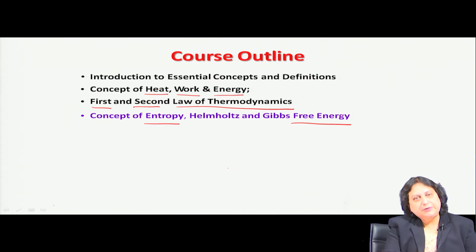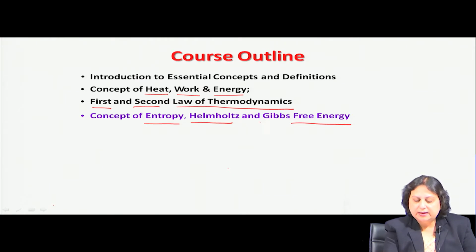There are two types of free energies that we come across in thermodynamics. The first one is Helmholtz free energy and the second one is Gibbs free energy. And together, all these concepts make up the basic formalism of thermodynamics.